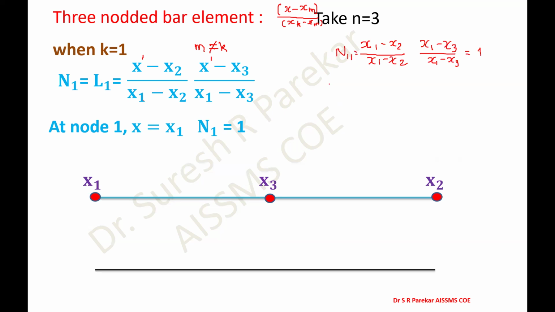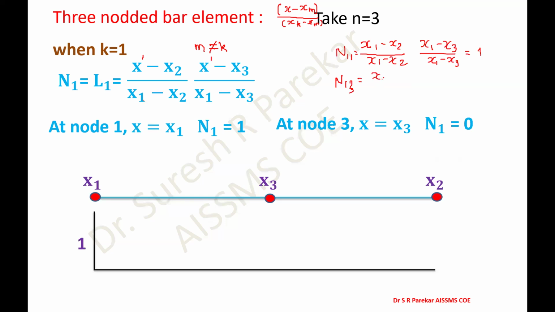Then we will go second. So we will plot it. Now we will go with second, that is shape function of 1 at node 2. So we have to put the value which we have taken over here. So we have taken at 3. So we will go shape function of 1 at node 3. So we have x equal to x3.